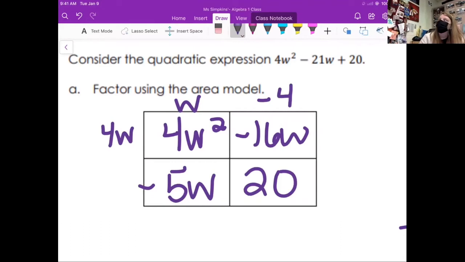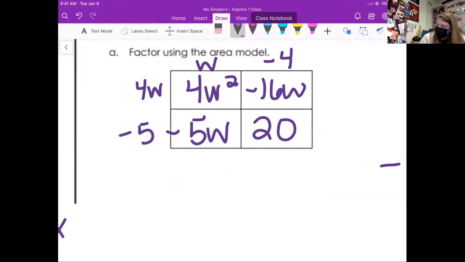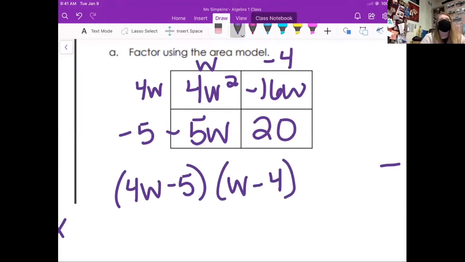Negative 4. And then w times what gives me negative 5w? Negative 5. And then we can check negative 5 times negative 4 is 20. So then we just want to write our two factors, 4w minus 5 and w minus 4.